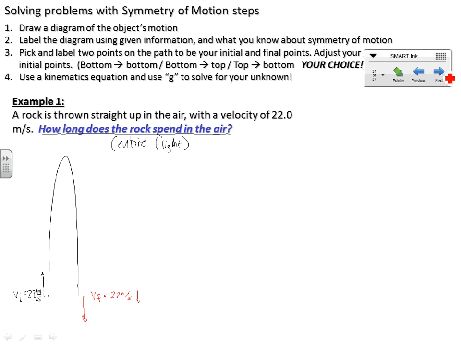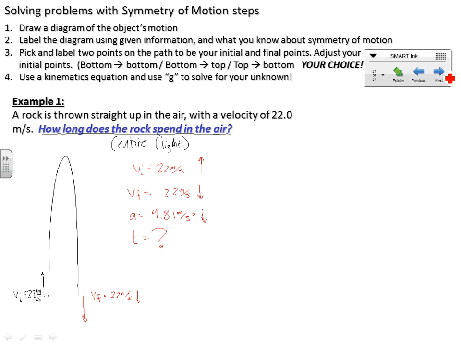I'm even going to write these: VI, 22 meters per second. VF, 22 meters per second. A is 9.81 meters per second squared down. We want to know what T is. How long does it spend in the air?